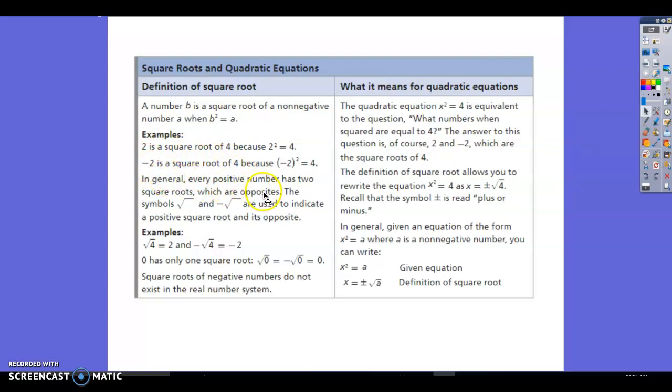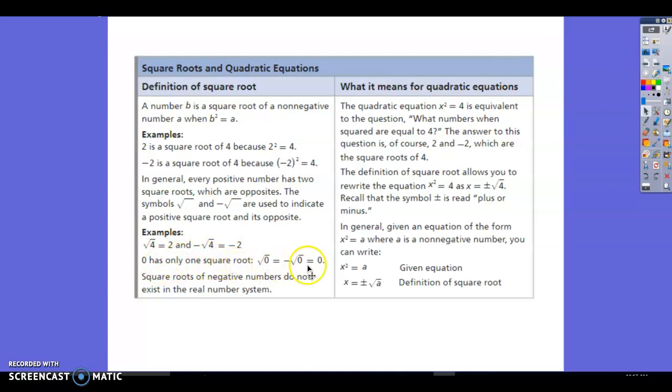In general, every positive number has two square roots, which are opposites. The symbols plus or minus and square root are used to indicate a positive square root and its opposite. For example, the square root of 4 equals 2, and the negative square root of 4 equals negative 2. 0 has only one square root.